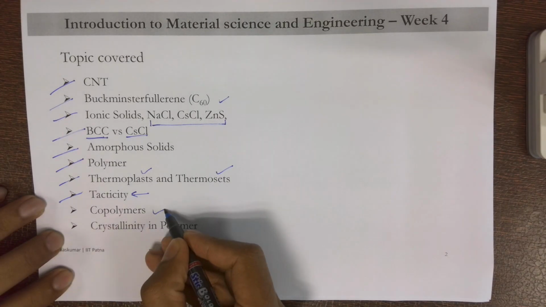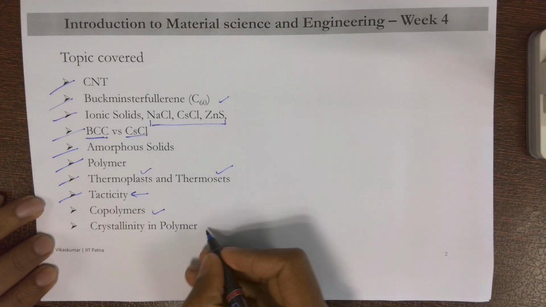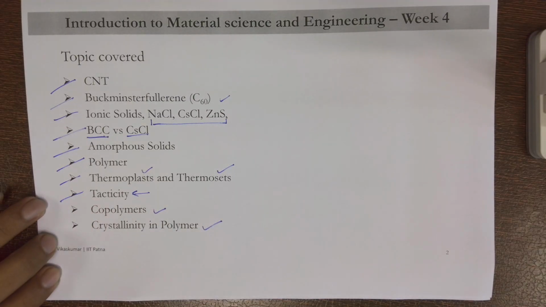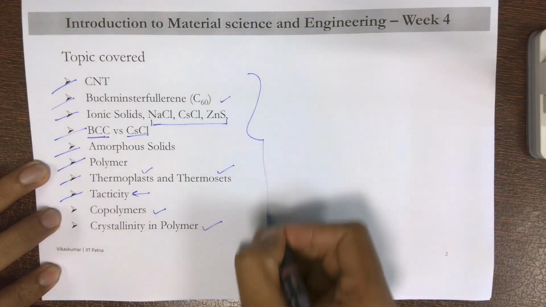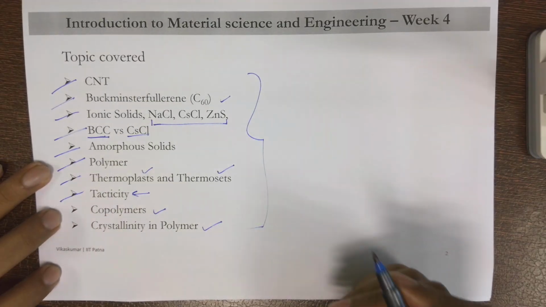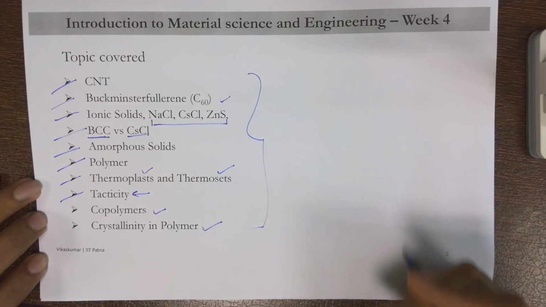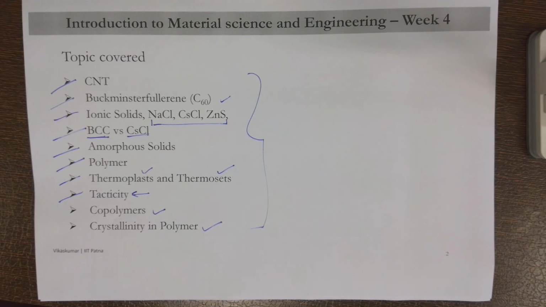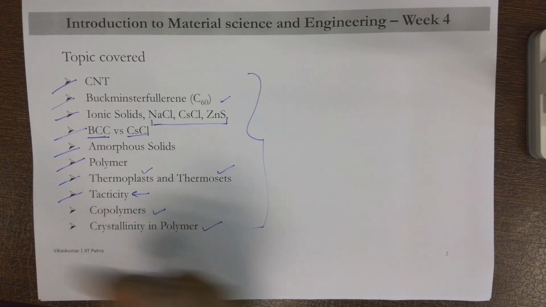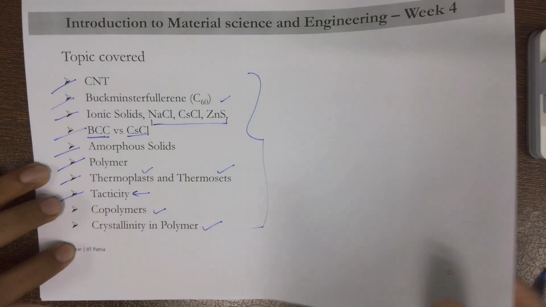After that, polymers and copolymers, and then we discussed the crystallinity in polymers. These are the topics that we have covered in week 4. Do you have any doubt in this list of topics that we have covered till now? If not, then we can move ahead and solve a couple of questions.